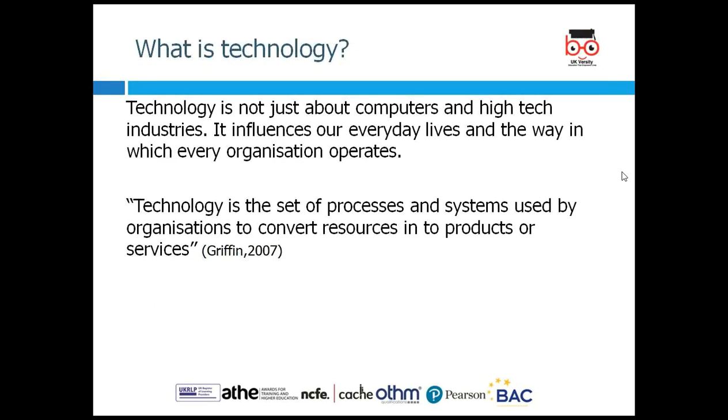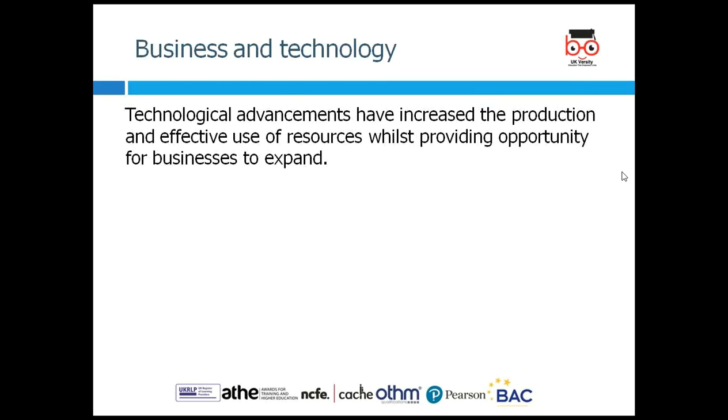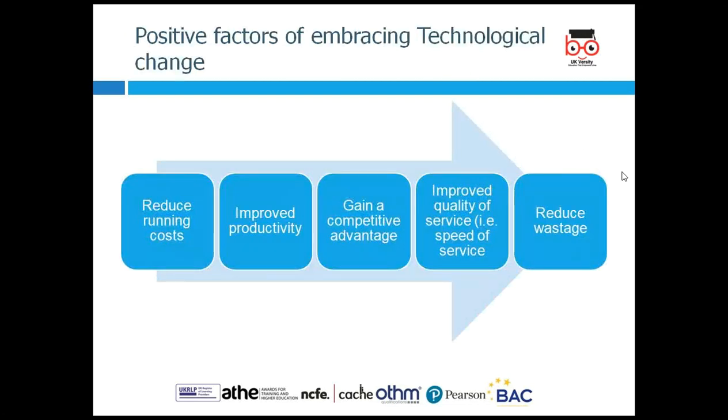Okay, technology is not just about the computer or high technology. It influences everyday life and the way the organization operates. Technology is the set of processes and systems used to convert resources into outputs. Technological advancement has increased production and the efficiency of resources.